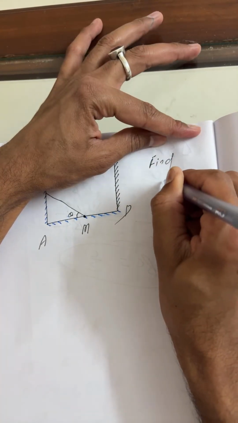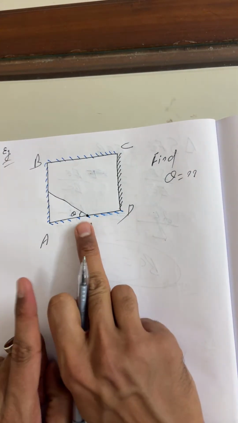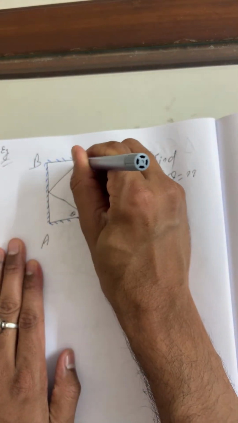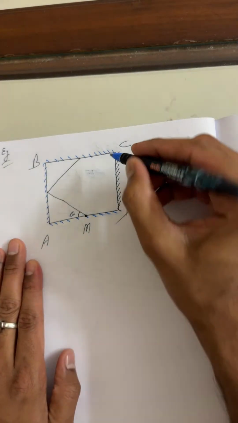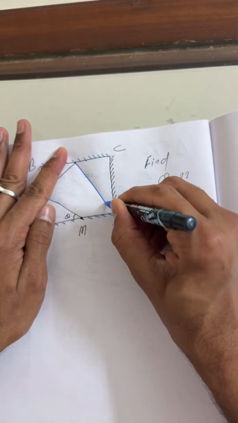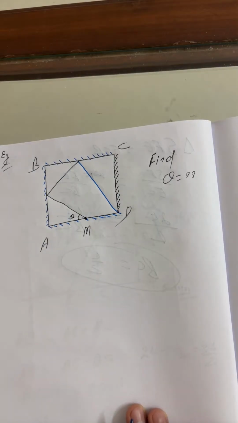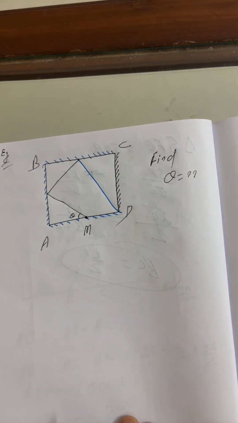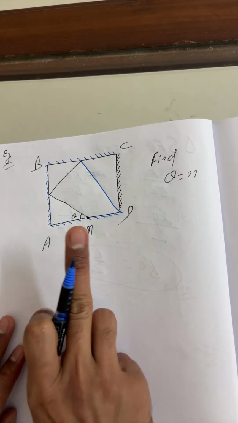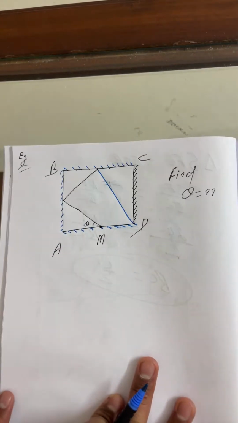Find theta if this incident ray, after two reflections, reaches corner D. Find theta if the incident ray after two reflections reaches corner D. This is the question, my dear.